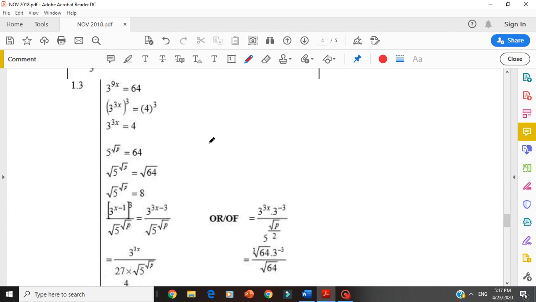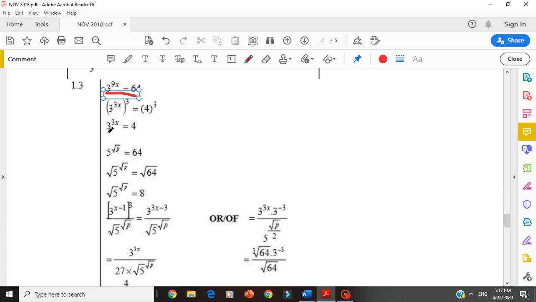Okay, so here is our expression given to us. Here's an easier method of doing this. So we can rewrite this expression here. So here you've got 4 cubed, here you got 3 to the 3x cubed, and the cubes cancel on either side.